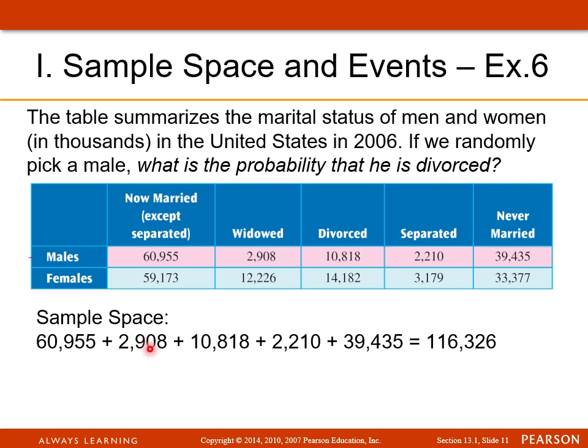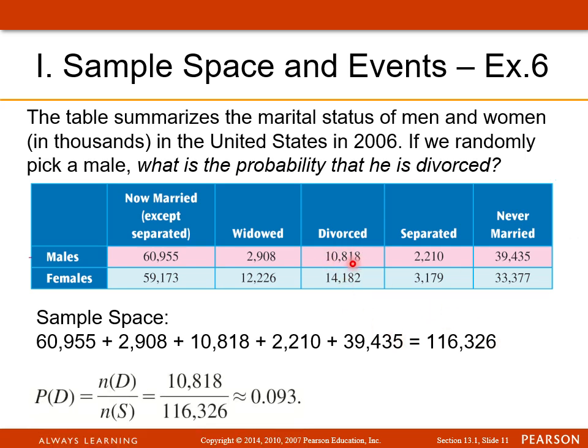So notice how they're adding all of the ones highlighted in pink there together. So in total, we have 116,326, and again, this is in thousands. And then how many are divorced? Is that 10,818?